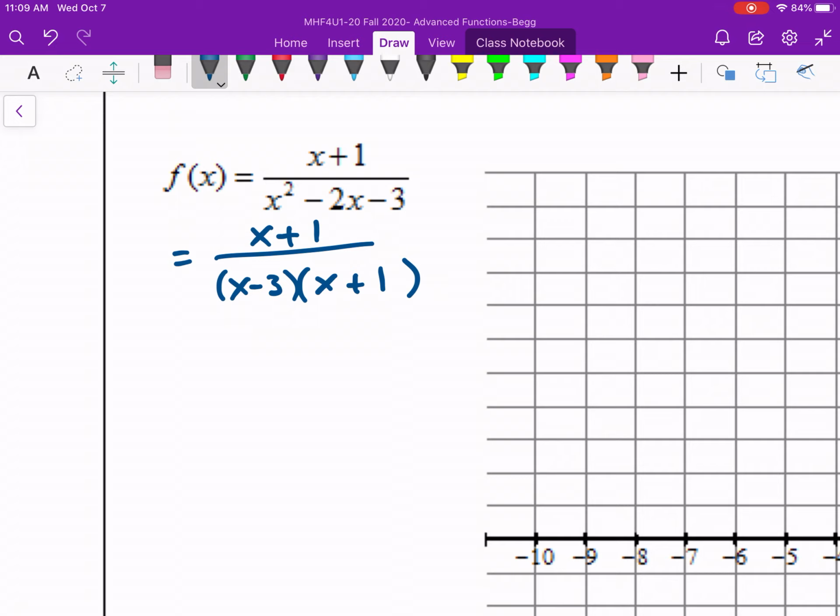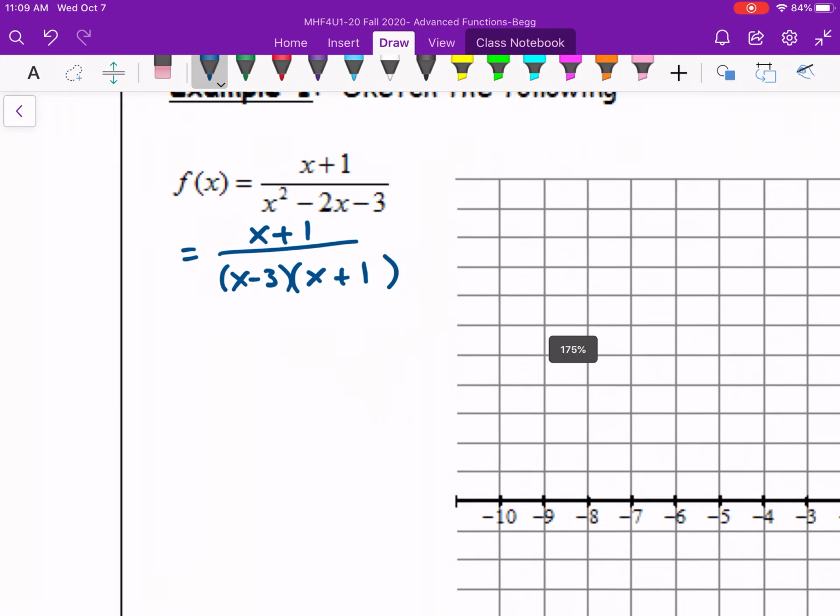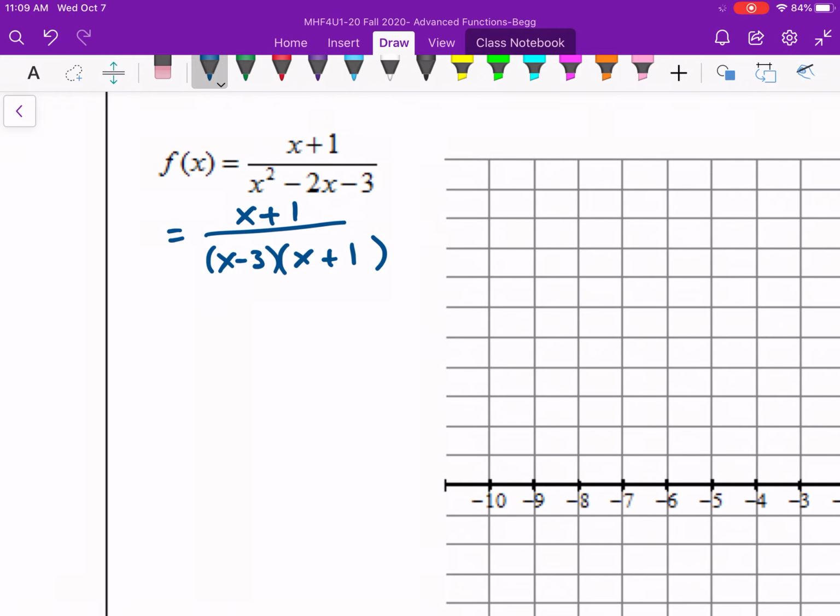And so now we start to think about the different characteristics that we just talked about: vertical asymptote, horizontal asymptote, x-intercepts, y-intercepts, and if we put that together, we can probably get a pretty good idea of what the graph's going to look like. There's one extra twist for this one, though. You may remember that when you have the same factor in the numerator and the denominator, we can reduce this, right?